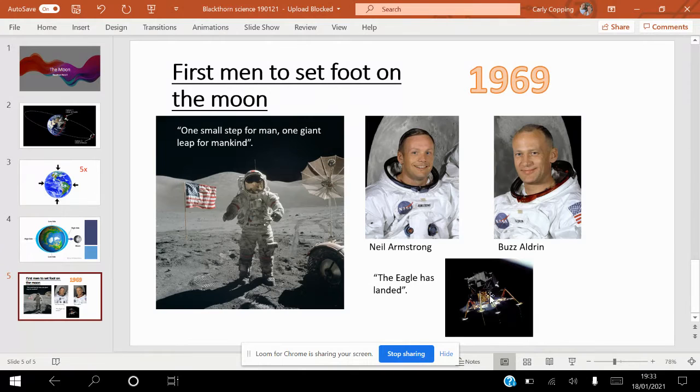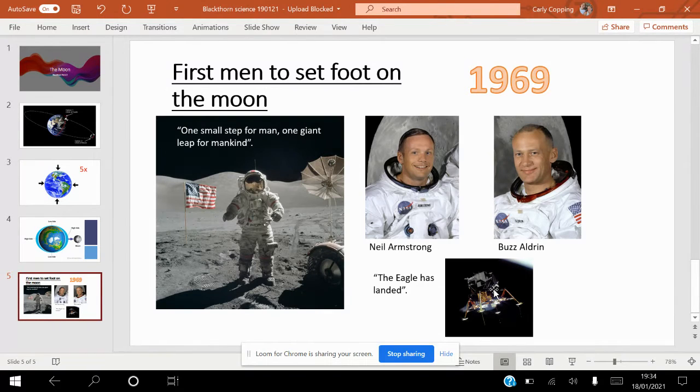The Eagle is the thing that landed on the moon. So when they said the Eagle has landed, they were telling NASA, the American Space Agency, that this lunar module with them inside it had landed safely on the moon.